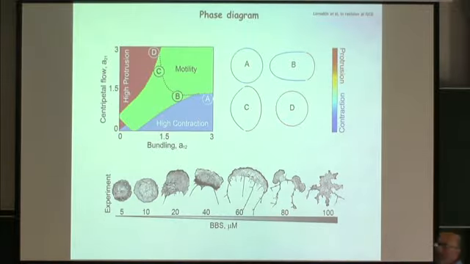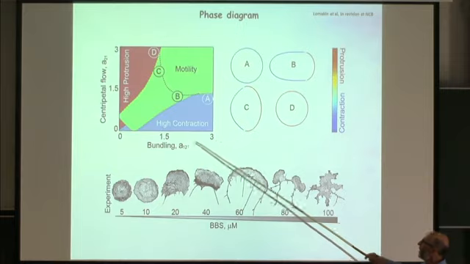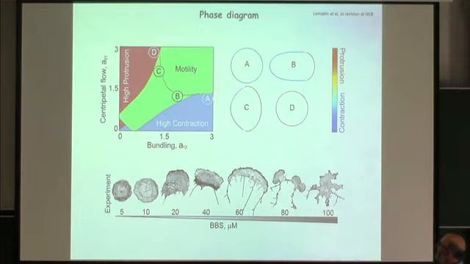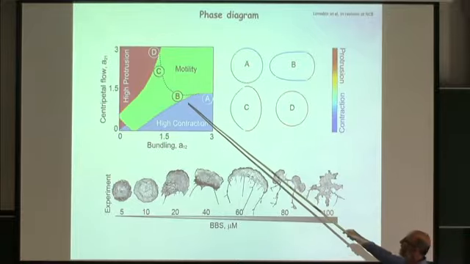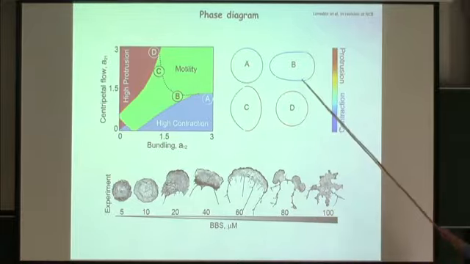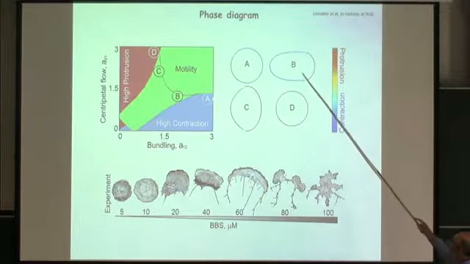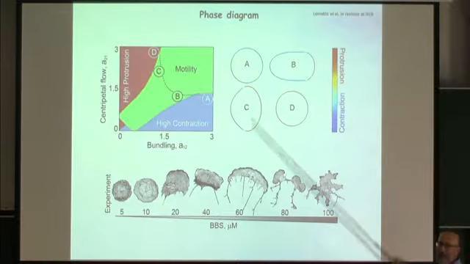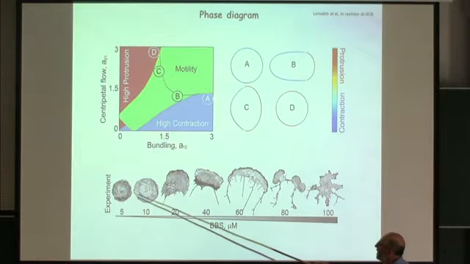What the model predicts, which is hard to guess without a model, is that for a certain region of high contraction, the cell remains not polarized. Then when contraction is relatively weak, the cell becomes like that, so unlike keratocyte, it's long in the direction of movement. Then as you decrease the strength of contraction, the cell becomes more like keratocyte. And when you decrease contraction too much, the cell doesn't polarize again. Okay? And that's the experiment.